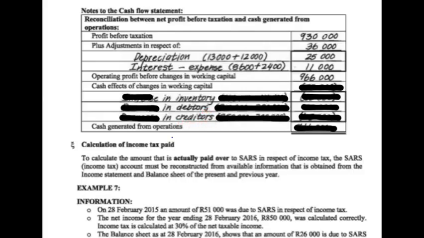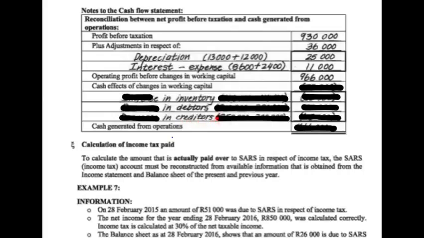So in other words, I'm referring to everything that has to do with inventory. That includes my trading stock as well as consumable stores on hand. Debtors, everything to do with debtors in note number 5, trade and other receivables. That includes debtors, but it also includes prepaid expenses, income receivable, and deposit on water and electricity, for instance.